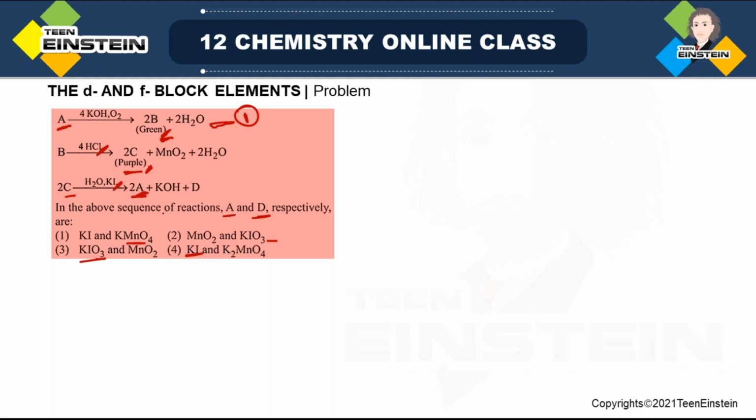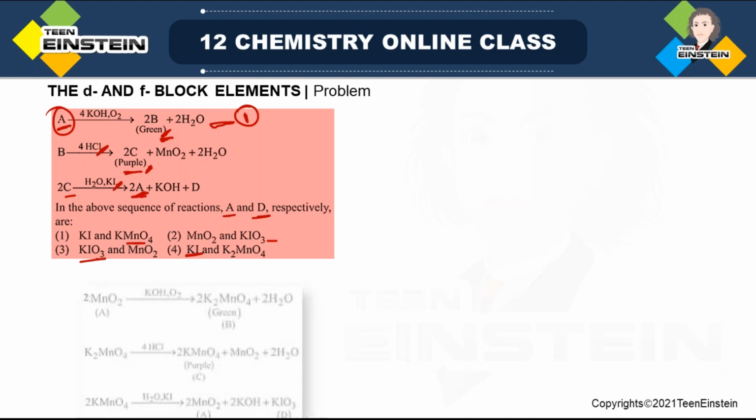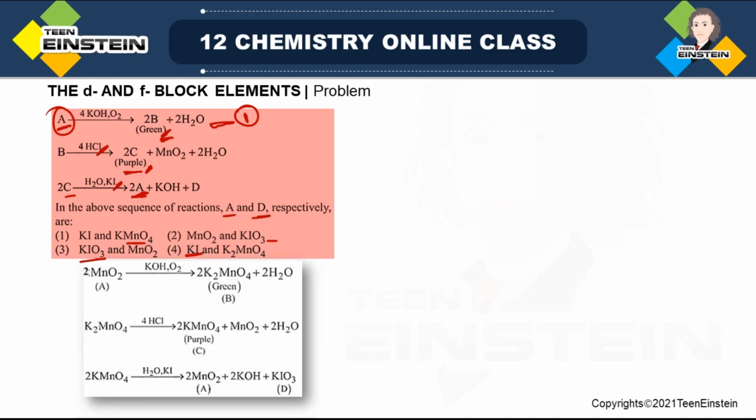Now A we are getting back, and A is basically MnO2, because we use pyrolusite ore for the preparation of KMnO4. So A is pyrolusite or MnO2. And if you know and are confirmed that A is MnO2, now see, MnO2 is present only in option 2.